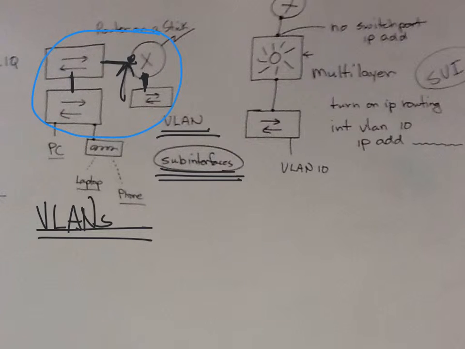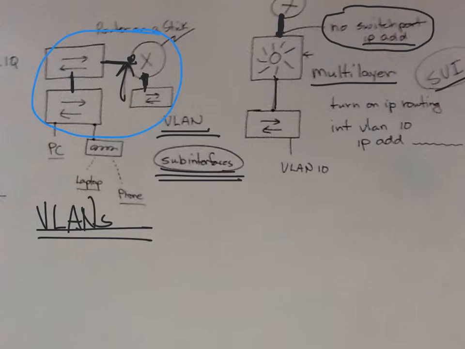Now, since this is pretty common, switches and routers together for VLANs, we can have a multi-layer switch with switch virtual interfaces. So here we can make a router connection, because we can turn a switch port into a no switchport and add an address, just like a router talking to a router.